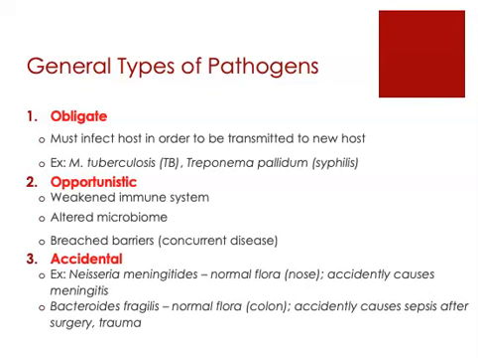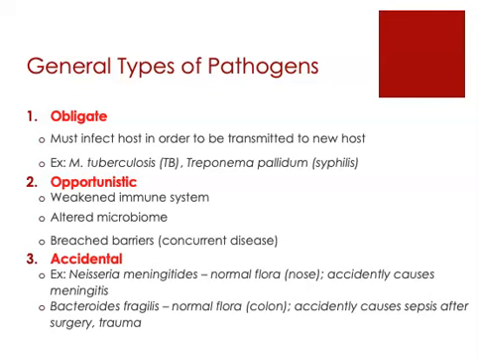And finally are the accidental pathogens. A good example of an accidental pathogen is one called Neisseria meningitidis. This is actually an organism that lives in the nose of a certain percentage of people, and it doesn't cause the host any problems at all when it's inside the nose.